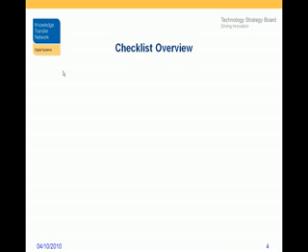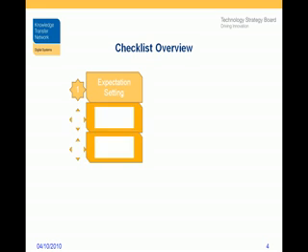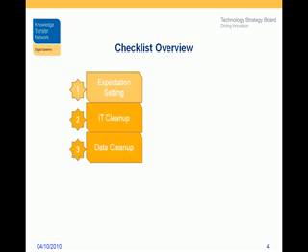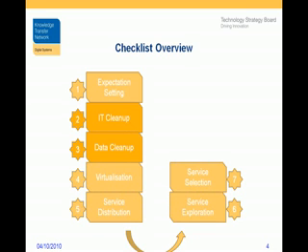So let's have a quick look at it. The checklist has 10 steps. We begin with setting reasonable expectations. Then we take on 2 cleanup exercises wherein we clean up IT and data. Then we take up 4 specific steps related to cloud computing.